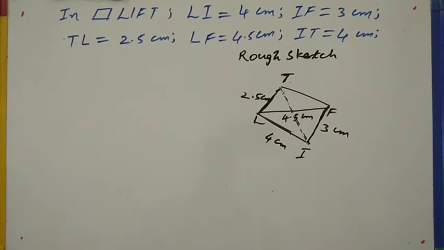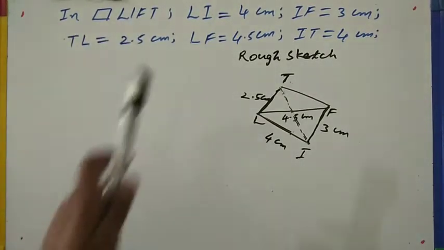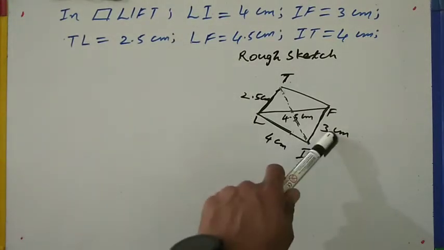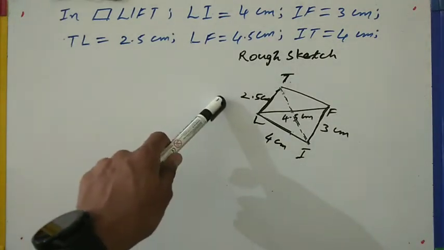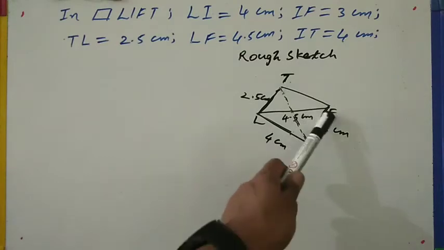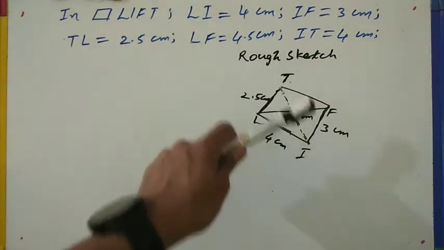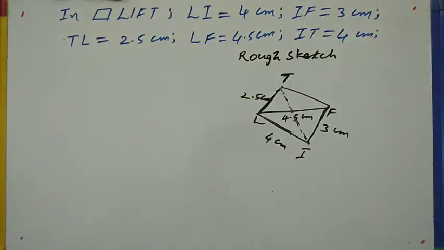Students, here we are given a quadrilateral LIFT to construct with the LI 4 centimeter, IF 3 centimeter, LT 2.5 centimeter, LF one diagonal 4.5 centimeter, IT another diagonal of 4 centimeter. Now, we will go for constructing it. Here I have drawn a rough sketch for you.